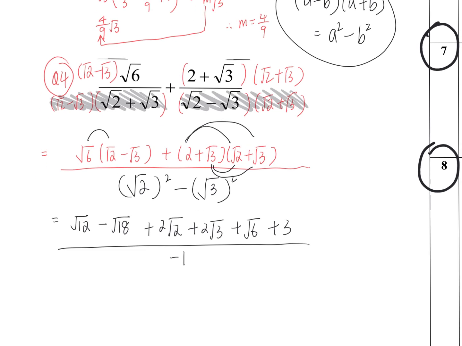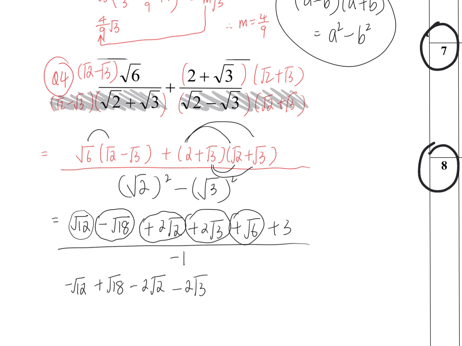When you divide by negative, you reverse all the signs that you have above. So this one divided by negative becomes negative root 12. This one becomes positive. This one becomes negative. This one becomes negative, negative, negative. And then your negative one disappears.